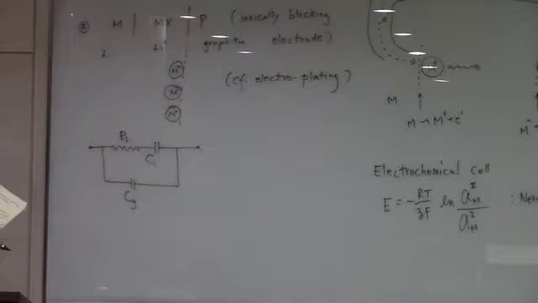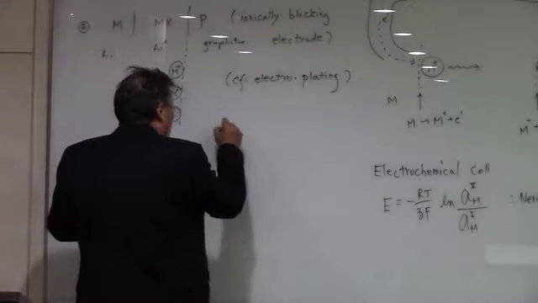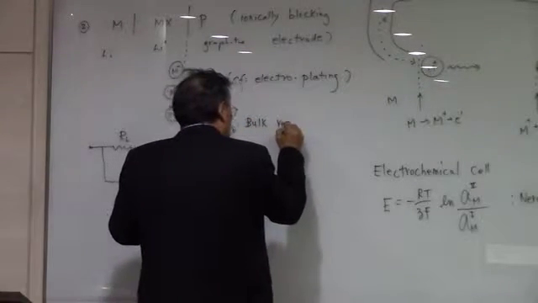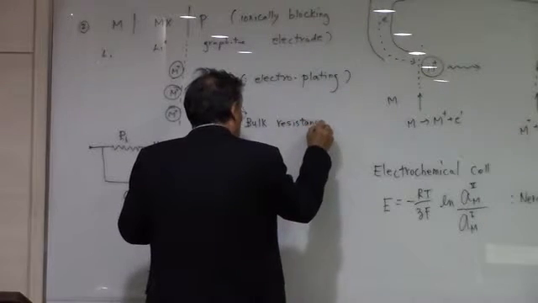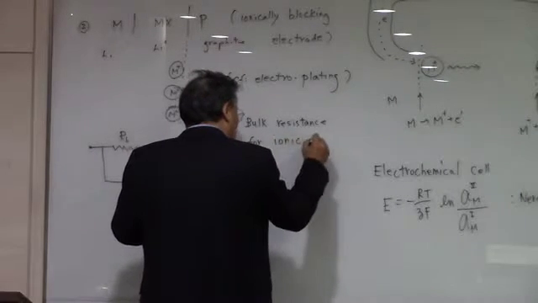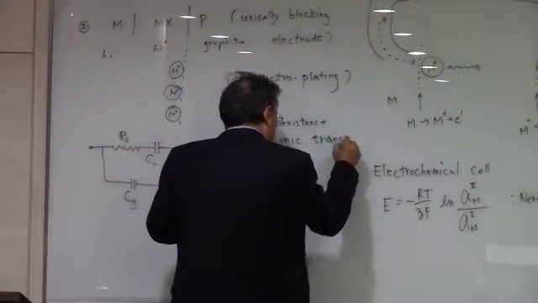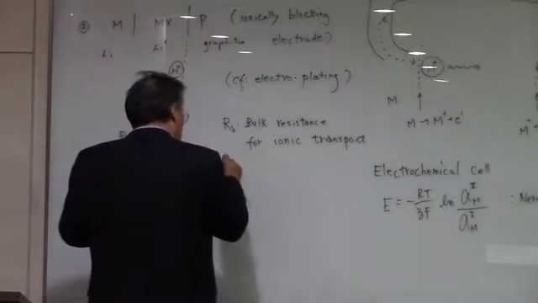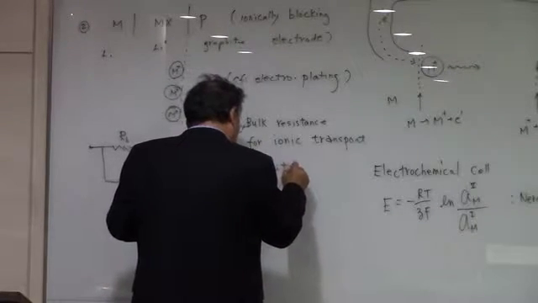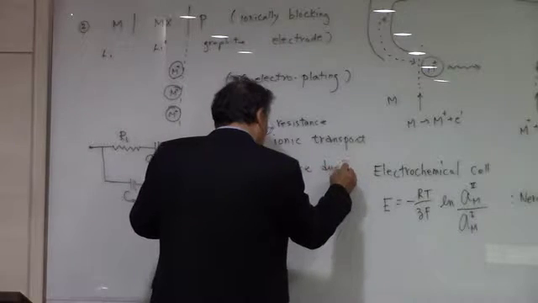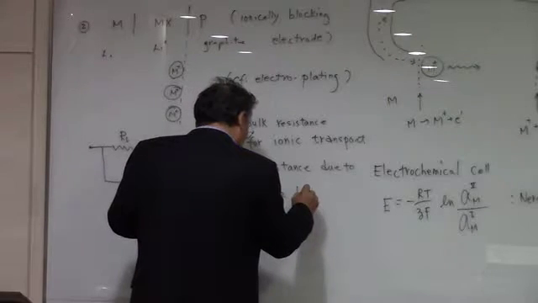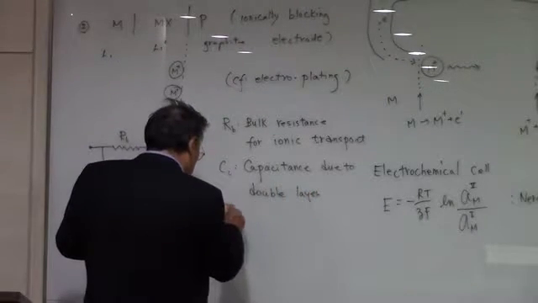So here RB is the bulk resistance for ionic transport, CI is the capacitance due to the double layer, and CG is the geometric capacitance.